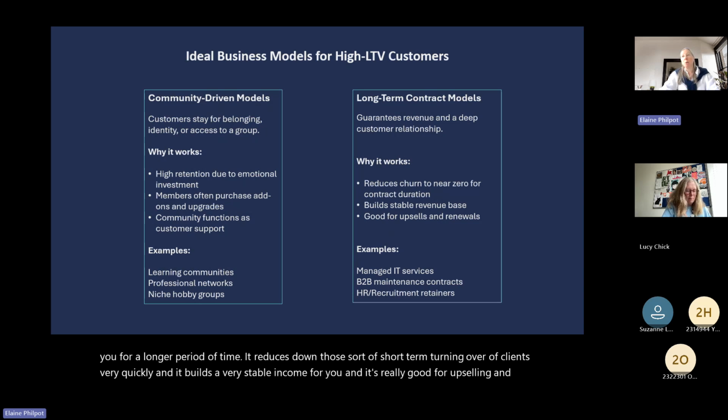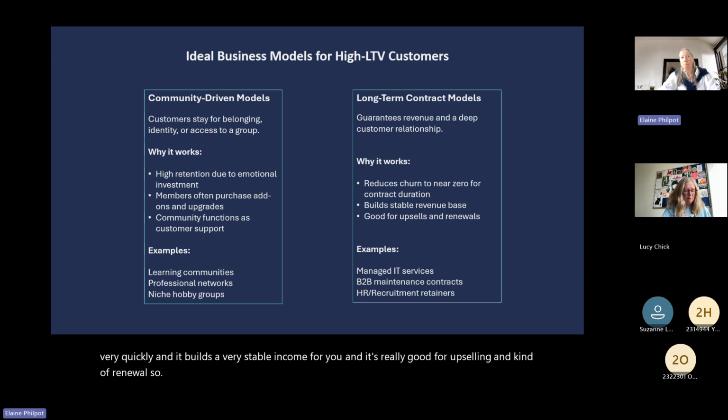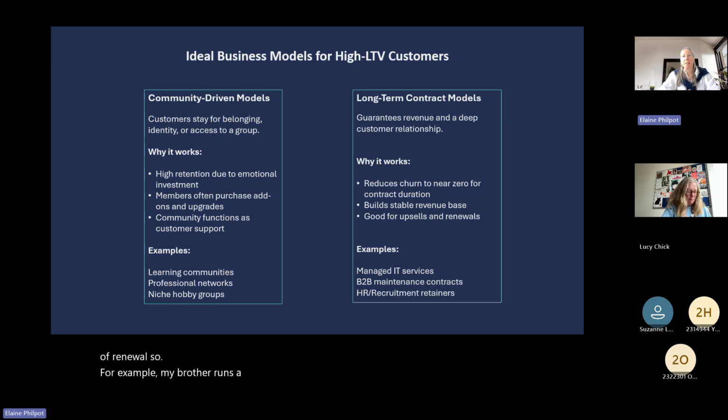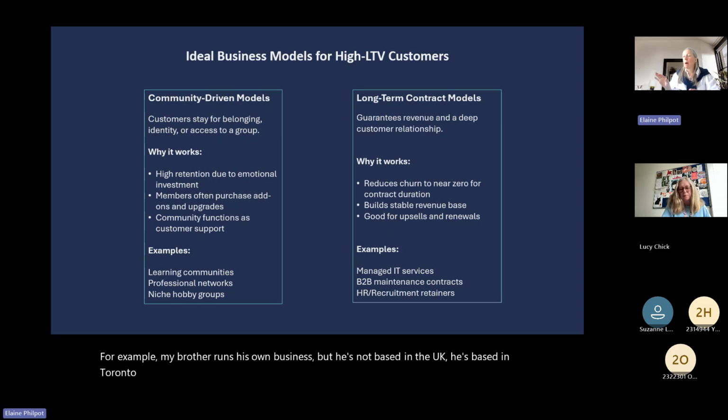So, for example, my brother runs his own business, but he's not based in the UK, he's based in Toronto, and he runs a sort of town planning business. So it's all about people that want to build buildings or get extensions on their houses, things like that.